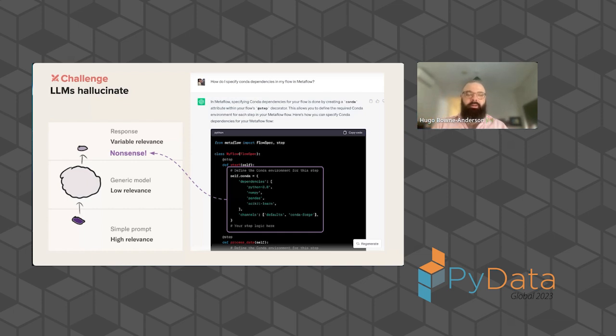But what do we say when we mean hallucinate? What I mean by that is, left to their pre-training data sets, generic LLMs will gladly generate nonsense. This is work we did with our collaborator Federico Bianchi at Stanford, and so that's him there. And so he asked, how do I specify Conda dependencies in my flow in Metaflow?